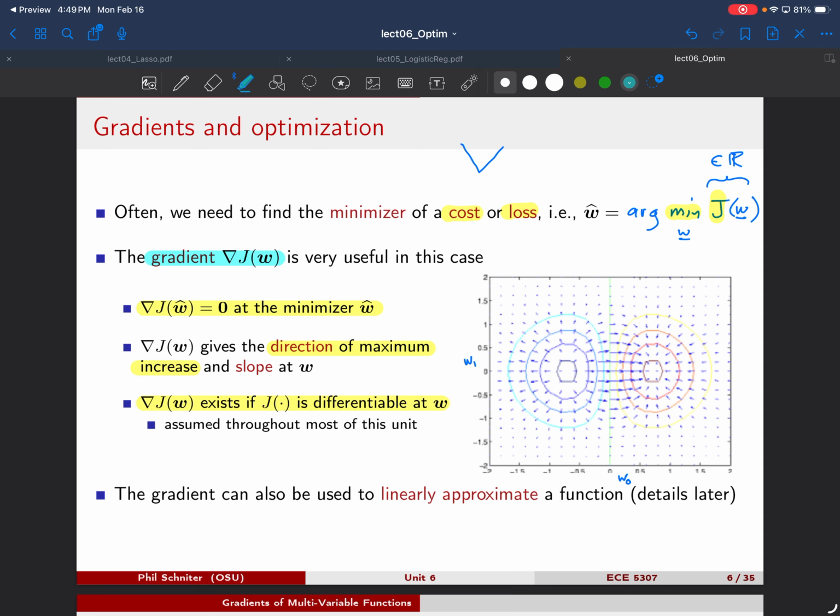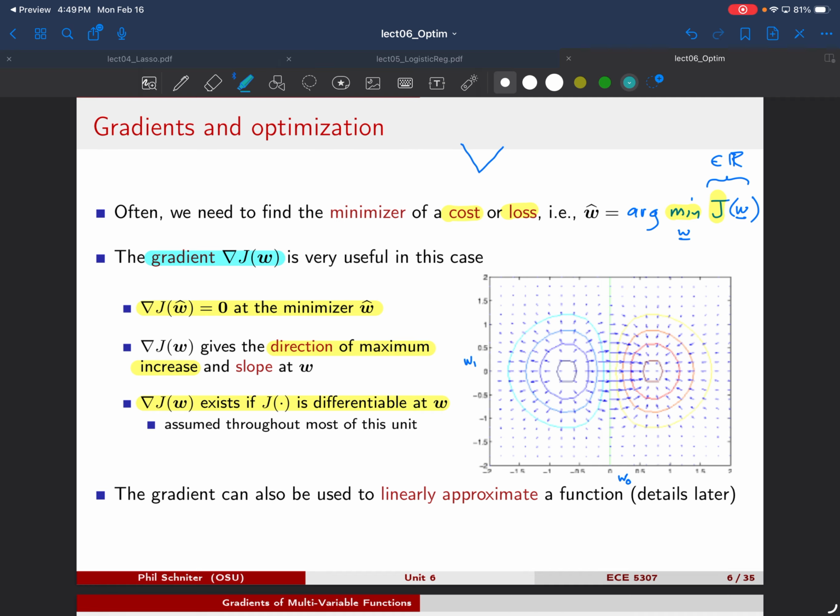Yes? Would a similar concern with the gradient being 0 also apply for local minima? Yes. We'll talk a lot about this later, but there are basically three places the gradient can go to 0.